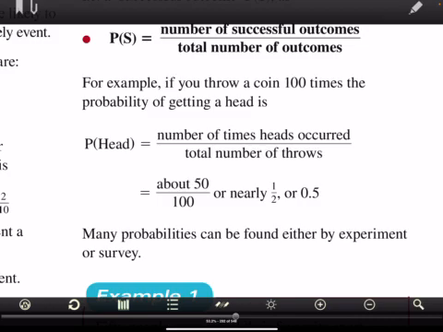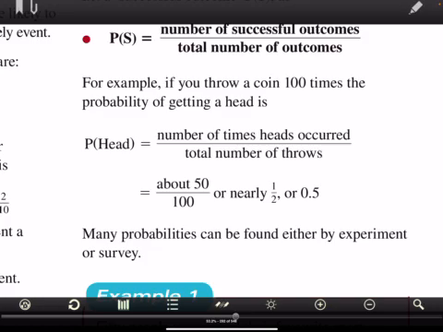You explain top going to bottom. Because you need a 6, you only have 1 chance to roll the 6, and out of the sides of the dice, there are 6 sides. Therefore, it would be 1 over 6.